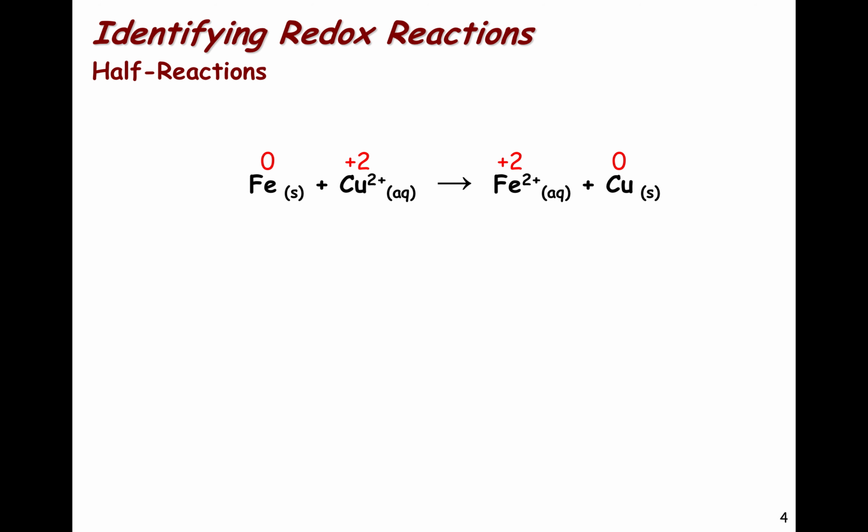The products, the iron 2 plus in aqueous solution has an oxidation number of 2 plus, and the copper is in its elemental form, so therefore is 0 in its oxidation number.